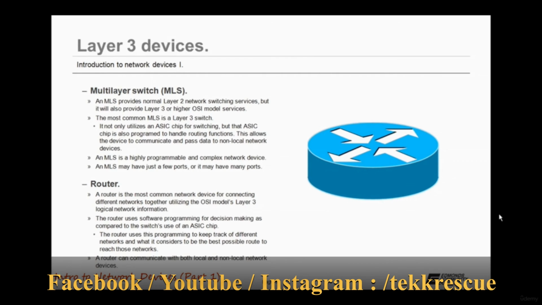A router is the most common network device for connecting different networks together utilizing the OSI model's layer 3 logical network information. That's what makes a router a layer 3 device. The router uses software programming for decision making as compared to the switch's use of an ASIC chip.